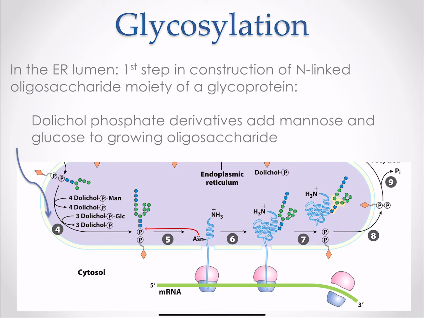So in the ER lumen, the first step is going to be the construction of the N-linked oligosaccharide, the N-linked glycoprotein. And so dolichol phosphate can only add carbohydrates to the N-linked, and it's always going to be an asparagine end.